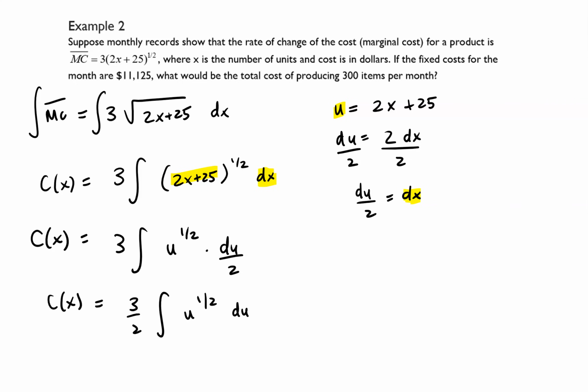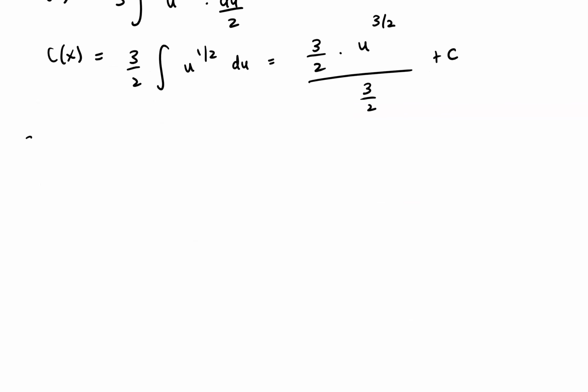Now we can just use the power rule. So that's going to equal 3 halves times, we want to increase the power by 1. So 1/2 plus 1 is 3 halves. And then we want to divide that by 3 halves as well, plus c. So we'll have 3 halves times, I'm going to multiply by the reciprocal in the denominator so we can get rid of the fraction portion.